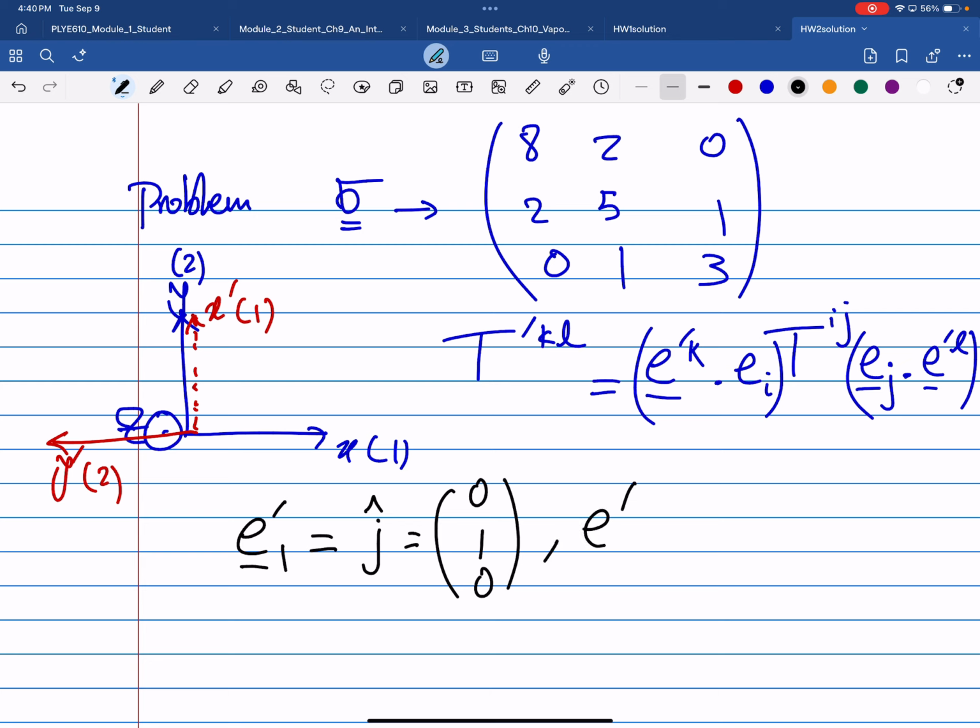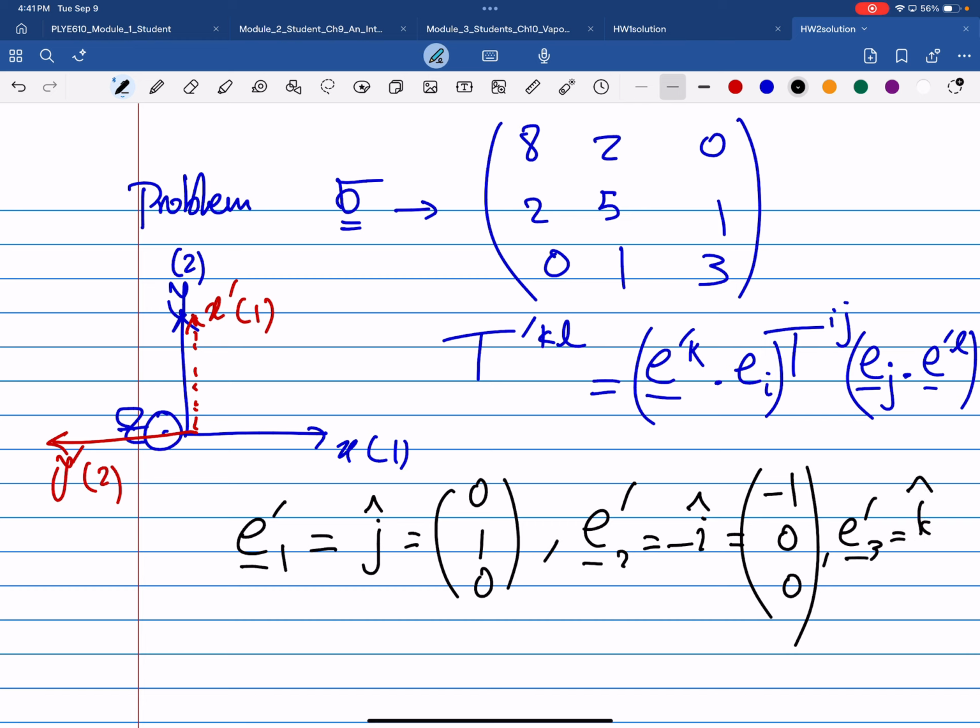E prime 2 is what? Minus I. Good. See, now you know what I mean. So this is going to be minus 1, 0, 0, right? And what is the E prime 3?